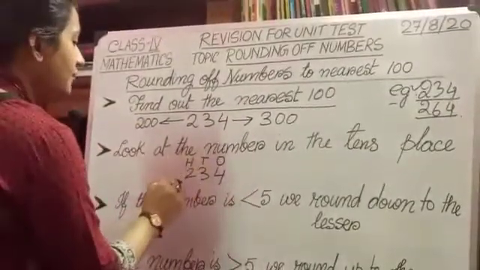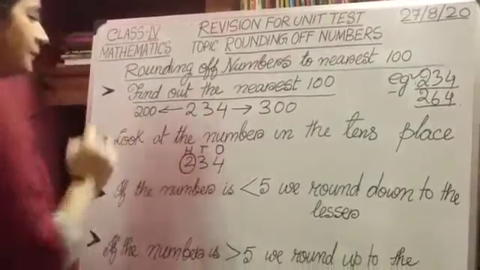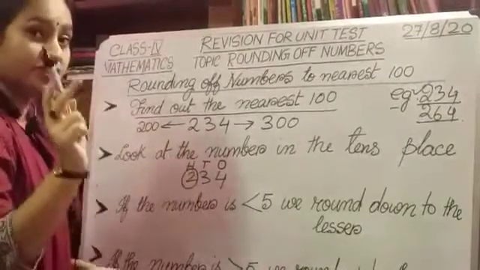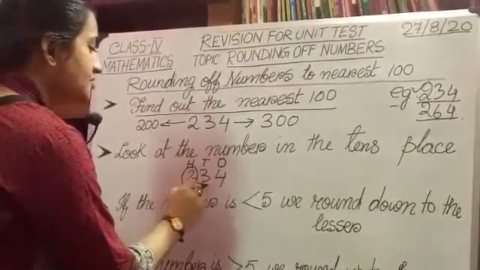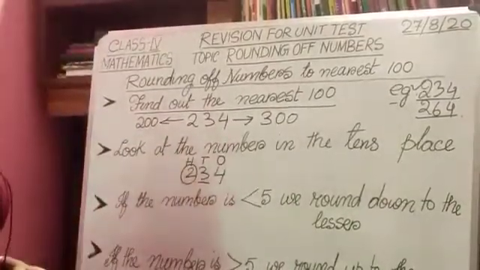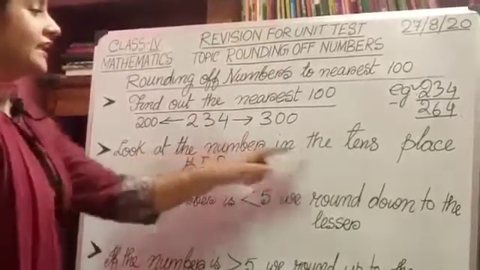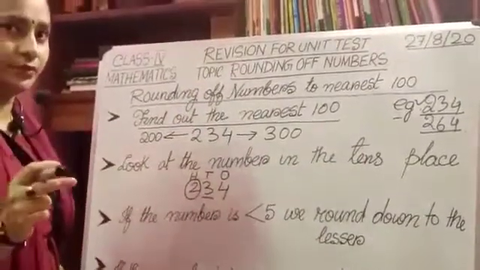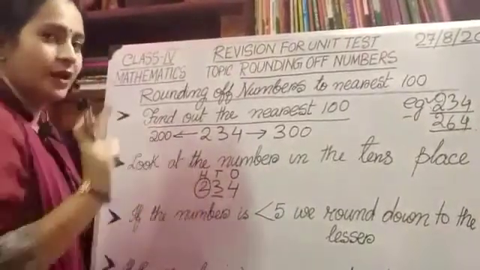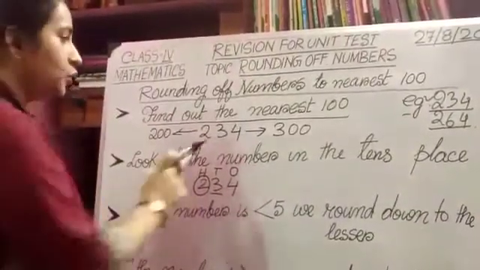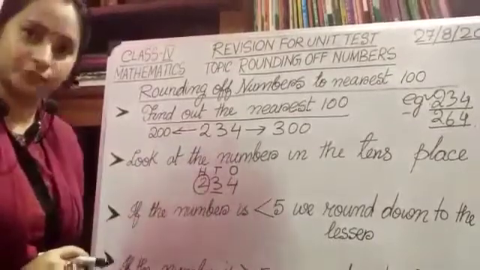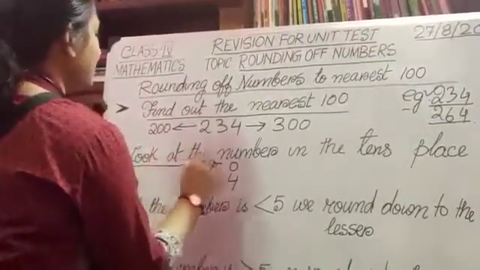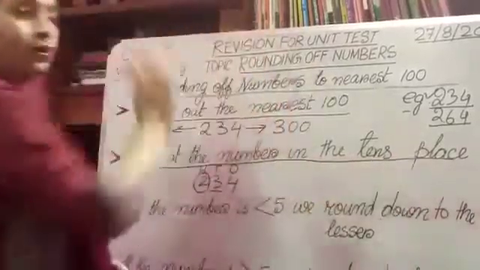So you have to round off this number up to 100 and we have to see the number which is sitting just at the right to that number. Look at the number in the tens place. Since you have to round off the numbers to 100, now you have to look at the number which is sitting under the tens column, tens place. Right? So our second step is over.